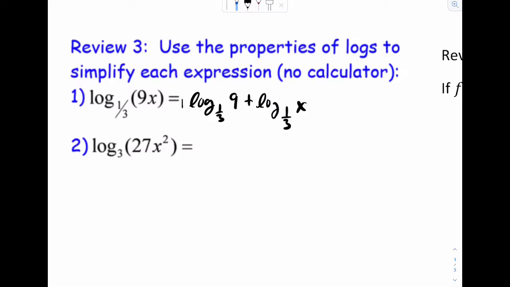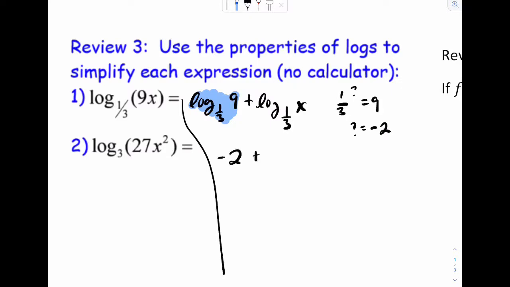So let's put a line here. This thing right here, if you just think about it, this is saying 1/3 to what power makes 9? And that number would be -2. So I can write that as -2 plus log base 1/3 of x.